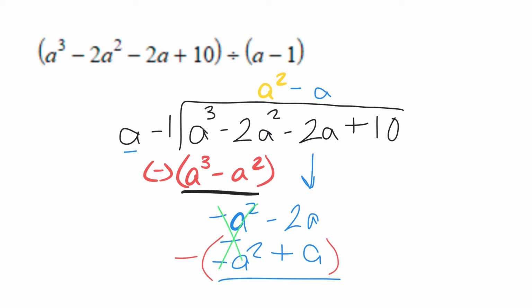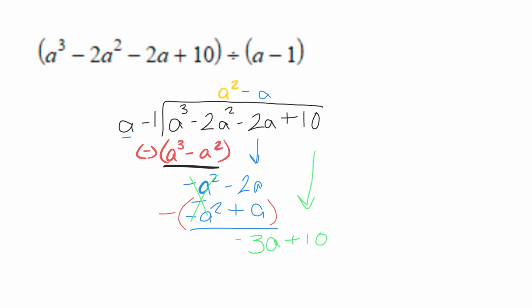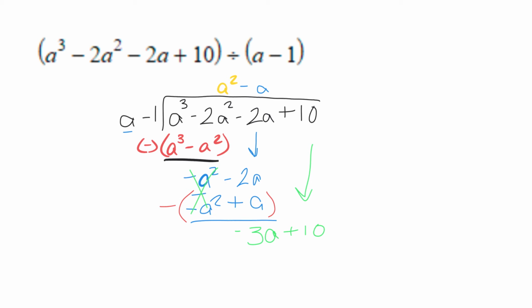That ends up being negative 3a. Now we're going to drop down the 10. So we need the a to match negative 3a.